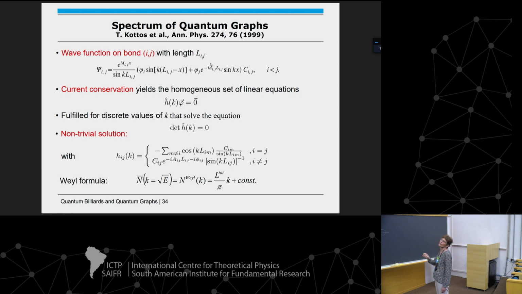You essentially have to solve this eigenvalue problem, and it has solutions for values of k for which this determinant is equal to 0. So you can get the eigenvalues of a quantum graph quite easily by solving this equation. When you have your values of k, you can get the wave functions by using this expression. So you can numerically obtain eigenvalues and wave functions of a quantum graph.